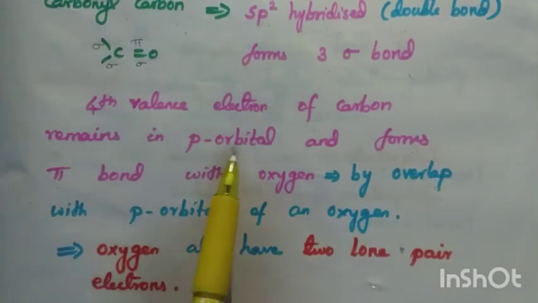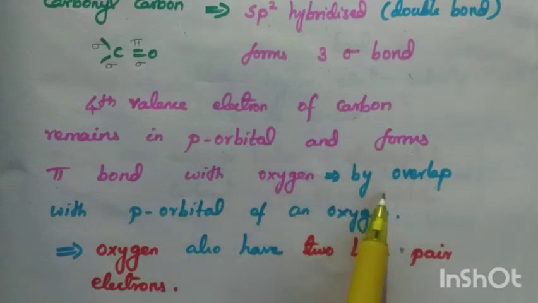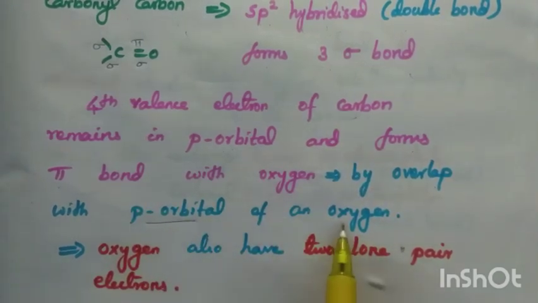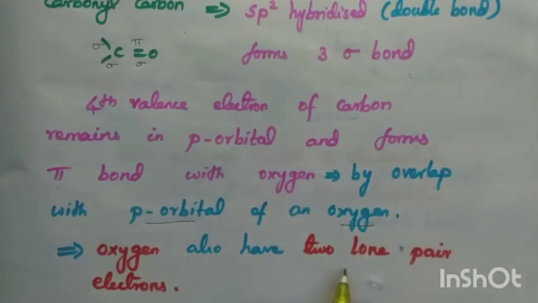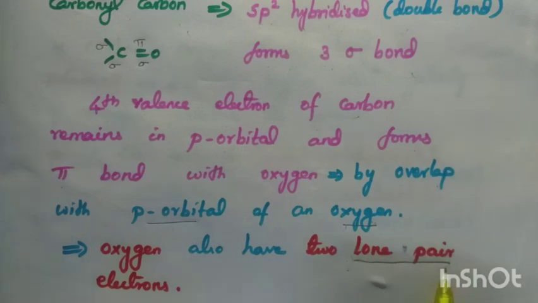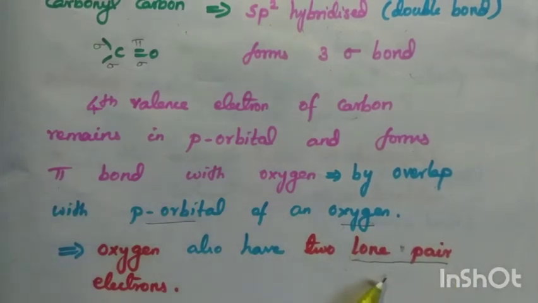So the p orbital of carbon overlaps with the p orbital of oxygen, and that oxygen also has 2 lone pair electrons. What are lone pair electrons? The pair of electrons present in the valence shell which is not involved in bonding. Lone pair means a pair of electrons present in the valence shell which is not involved in bond formation.